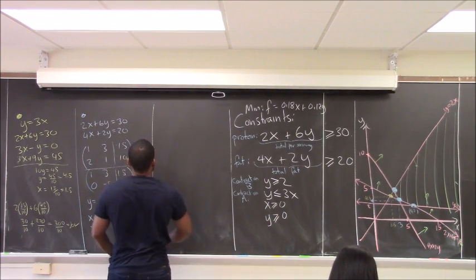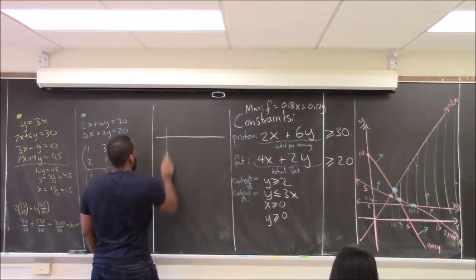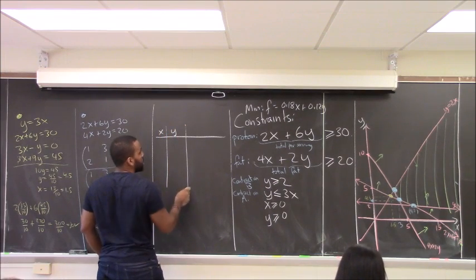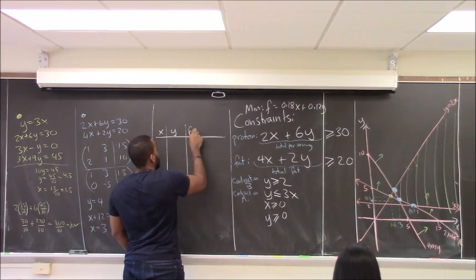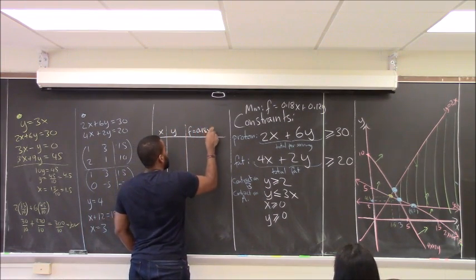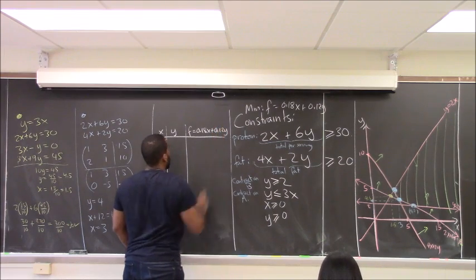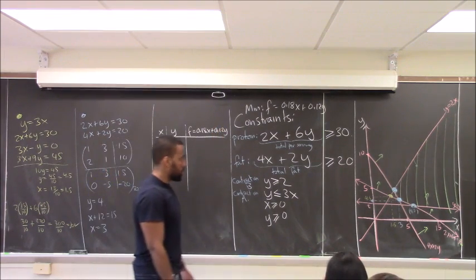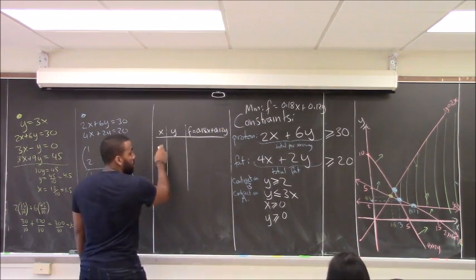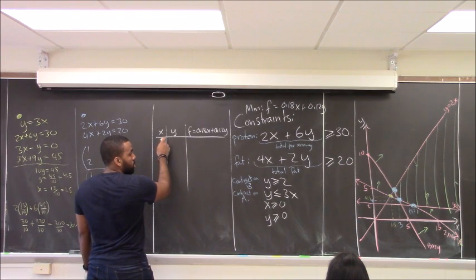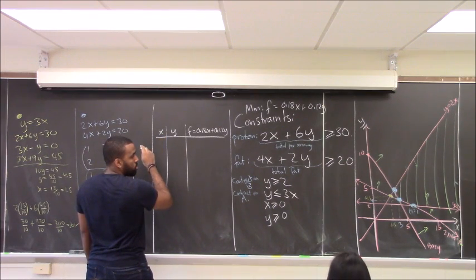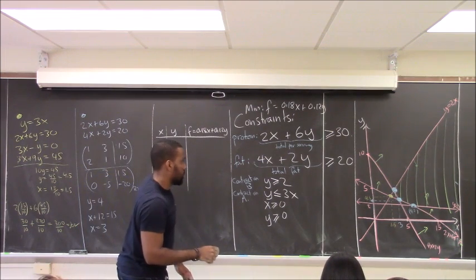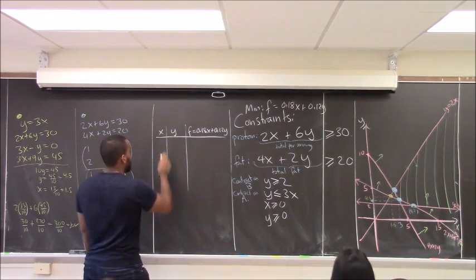So now I'm going to do that table. x, y, and I want f equals 0.18x plus 0.12y, and I have 3 locations to check. Yeah, but you didn't get the fourth one. What fourth one? The topmost blue one we have. Oh, what is that?